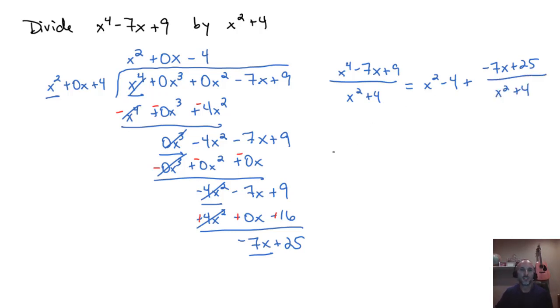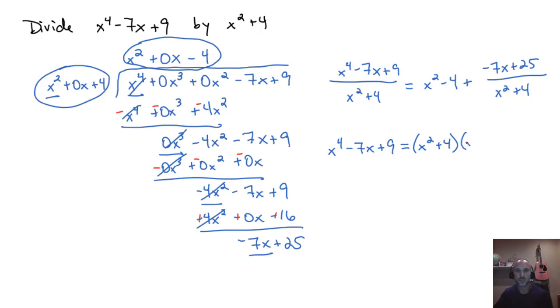Or, if we focus on how to break down our dividend, it equals x squared plus 4 times x squared minus 4 plus our remainder, negative 7x plus 25. Plus 25, sorry about the bad handwriting.